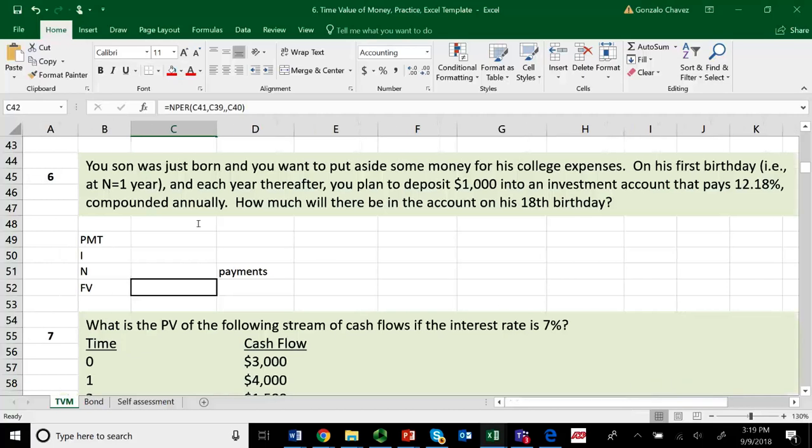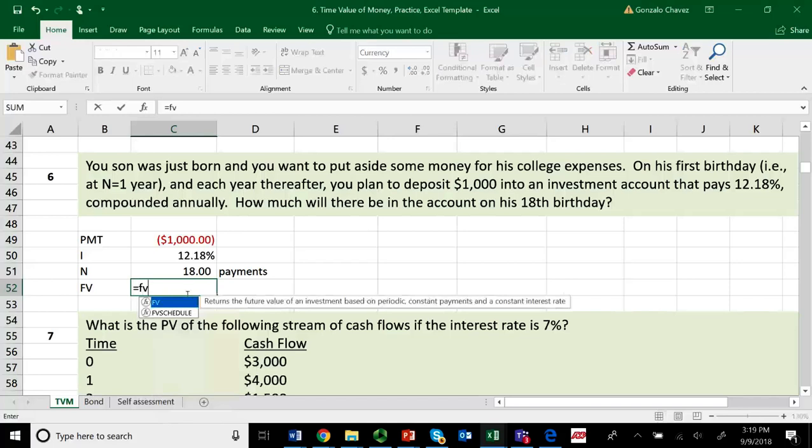So what is the payment amount? The payment amount is, again, negative 1,000. What is the interest rate that you're earning? It's 12.18%. What are the number of periods that we're talking about? 18, from n equals 0 to n equals 18. And what you don't know is the future value, so equal to the future value function.